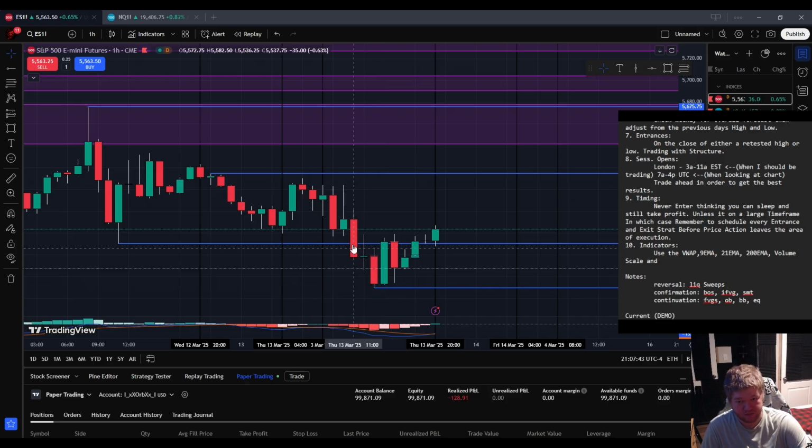Per this candle right here, I believe that would be the shift of trend. Would it not be? I think this candle, specifically. Because if this had closed above this low, it would have continued moving down.